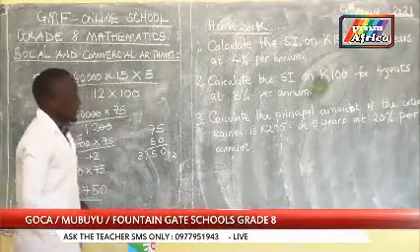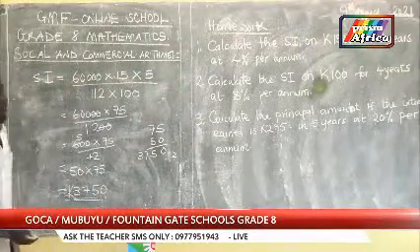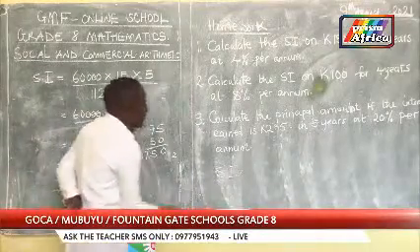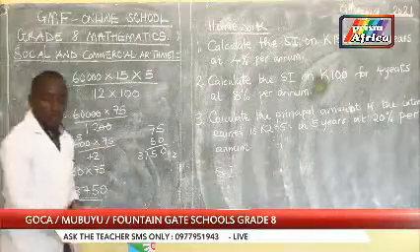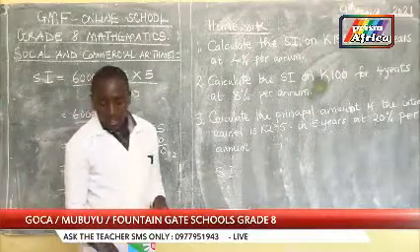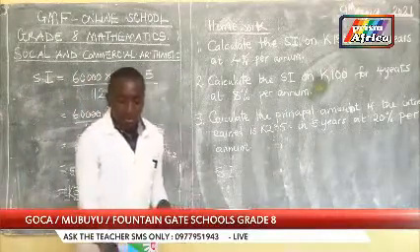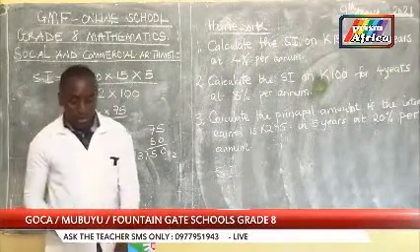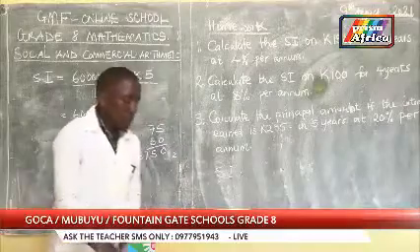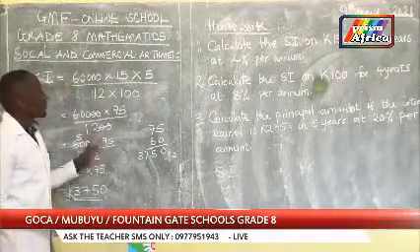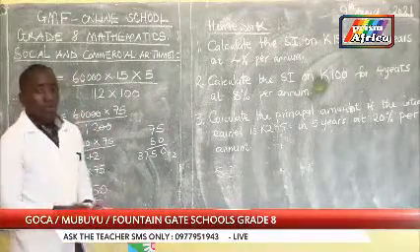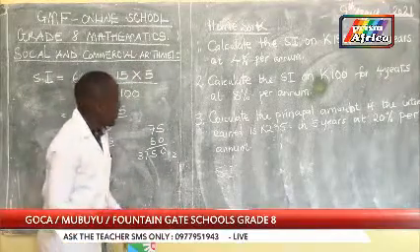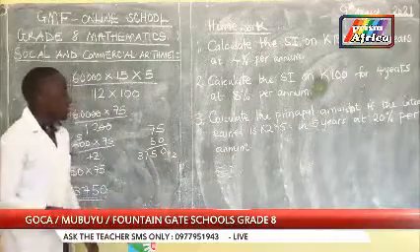So we have looked at how we can calculate the simple interest when we have been given the principal, the rate, and also the time. When calculating the simple interest, you should always apply the formula: simple interest is equal to principal multiplied by the rate and also time, then over 100.